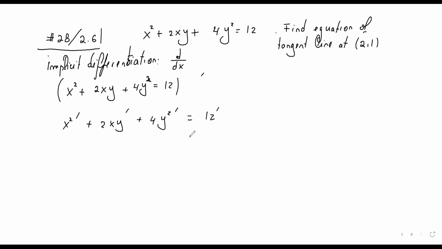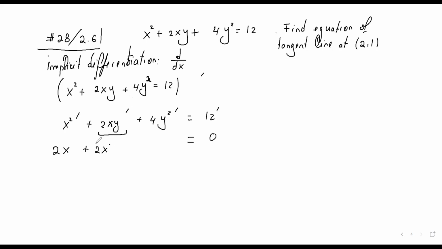All right, and it's very easy to see that on the right side we have 0 because 12 is a constant. And on the left side we have 2x because that's the derivative of x squared, plus, for this guy here, I have to be a little careful. When I do 2xy prime, I'm going to use the product rule, the product of 2x and y.